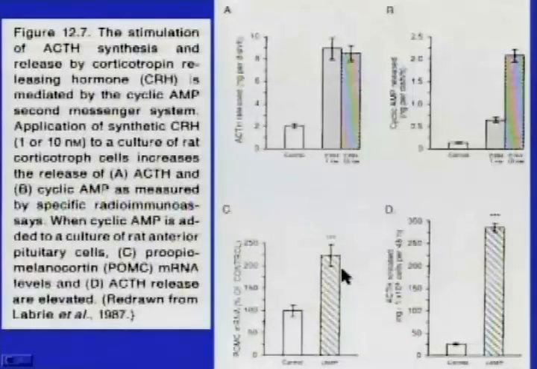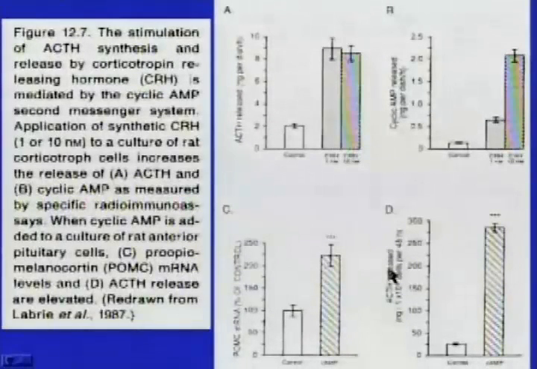And we get even one step farther away when asking if CRH is responsible for increasing POMC expression. Certainly it's cyclic AMP related, and since you're adding the cyclic AMP here, you can say that it is affected by and dependent upon the cyclic AMP. Then finally, we're asking if cyclic AMP can cause the release of ACTH.